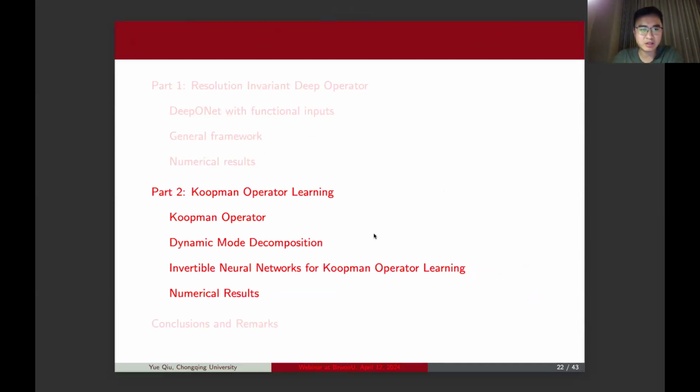The second part is about couple-operated learning. Can I? Yes, sure, please. I think a student of Mishra at ETH, Molinaro, who defended his thesis a few months ago, did the following, and I think you can try that.